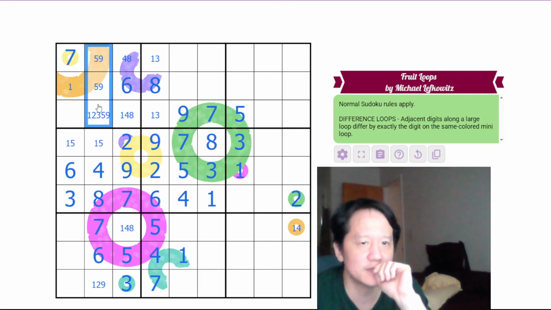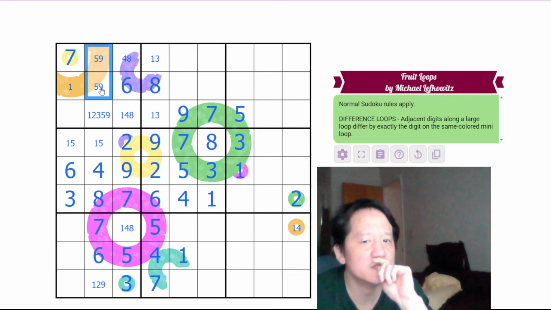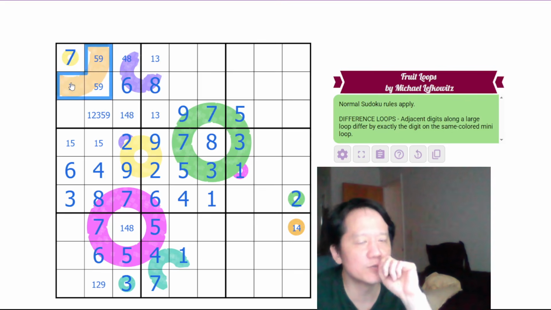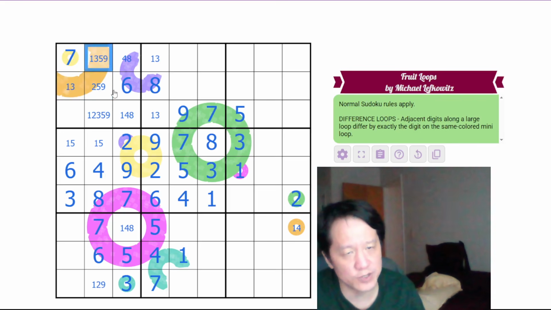So that is possible. If it's a difference of 1, though, that means you have 1, 2, 3 here. So it'd be 1, 2, 3.